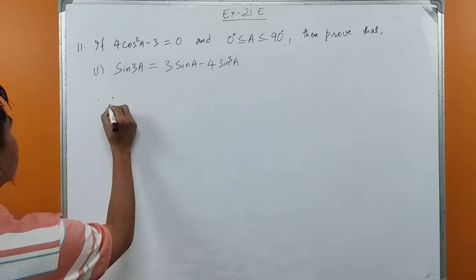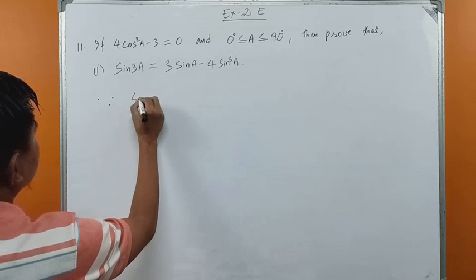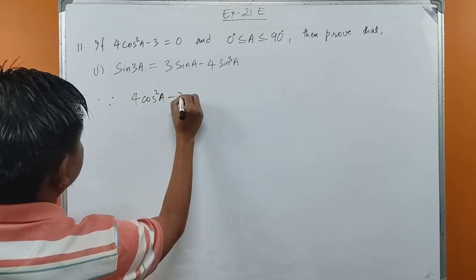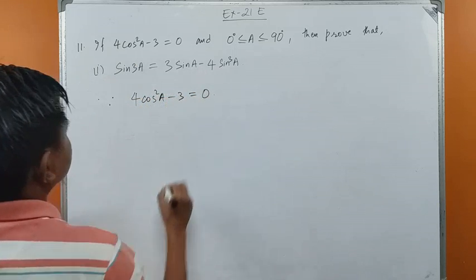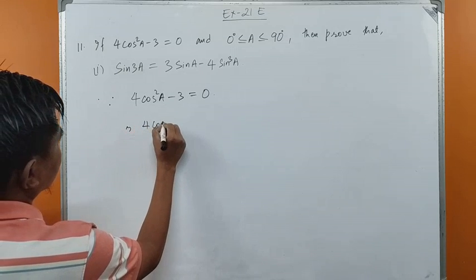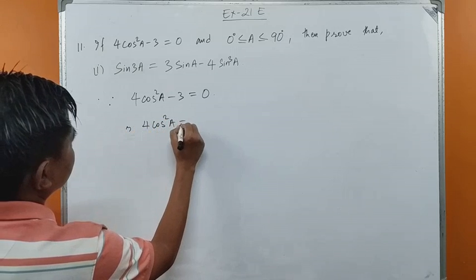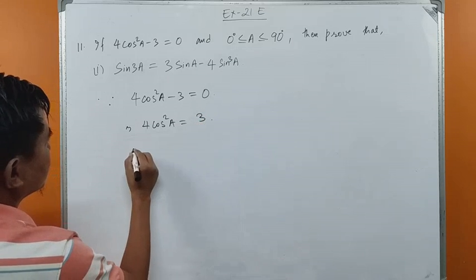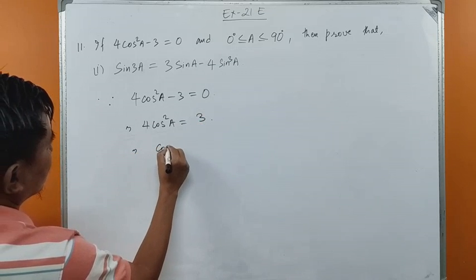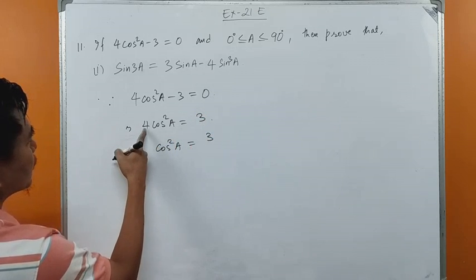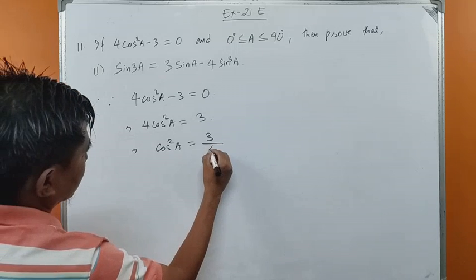First let us write the given condition, 4 cos square A minus 3 equals 0. Or 4 cos square A equals, taking this minus 3 to the right hand side, becomes plus 3. Or cos square A equals 3 upon 4, this 4 goes to the denominator by cross multiplication.